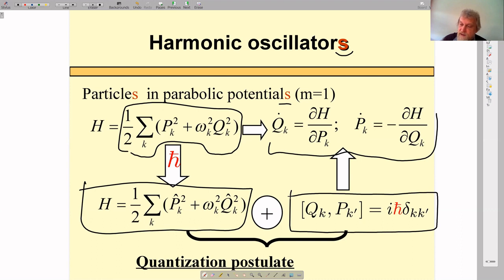The commutator is present only for the same indices, for the same oscillator. For different oscillators, the operators just commute, because the oscillators are independent. Good. So what we did, we have quantized a large set of oscillators.